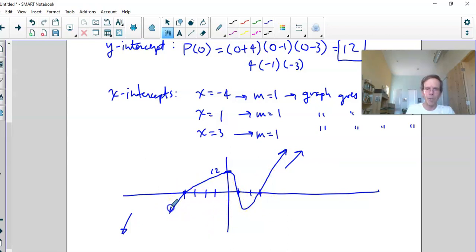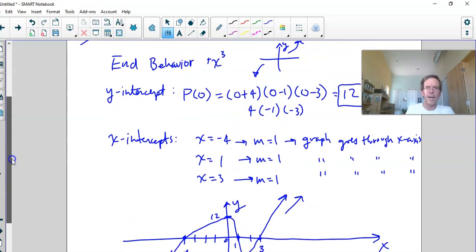Okay, let's put our numbers in here. This is -4. Put the origin on there, 0, 1, and 3. And that's it. That's how easy it is to graph this polynomial.